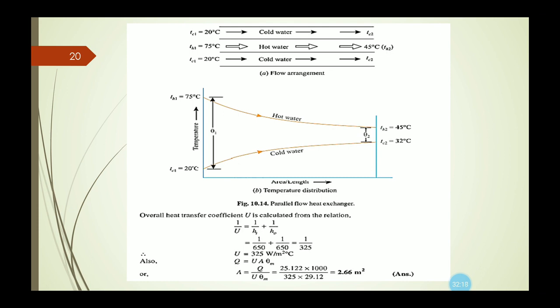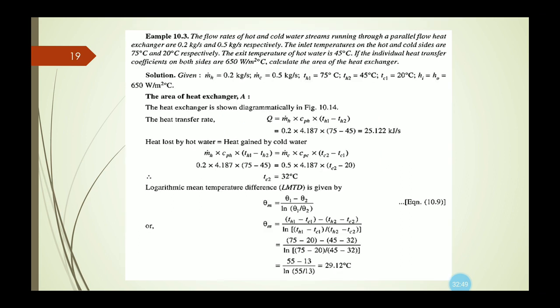As seen from this temperature distribution graph, theta 1 equals Th1 minus Tc1, that is 75 minus 20 degrees centigrade, and theta 2 equals Th2 minus Tc2, at the right hand side, that is the outlet temperatures of the hot and cold fluid. So theta 1 is the inlet temperature difference of the hot and cold fluid, and theta 2 is the outlet one. That means theta 1 and theta 2 are known to us.